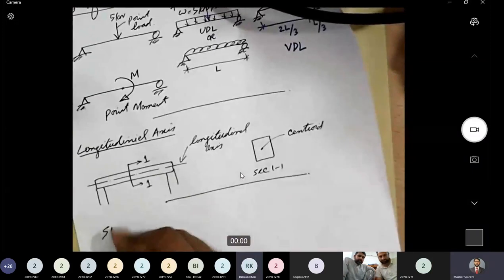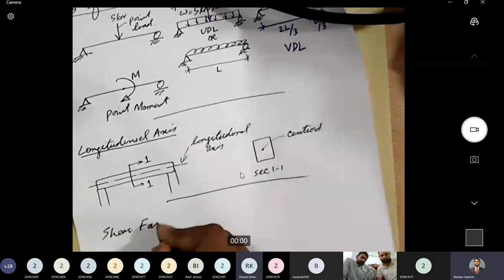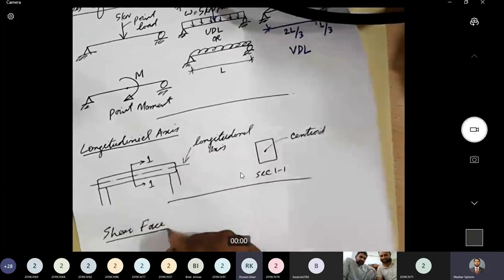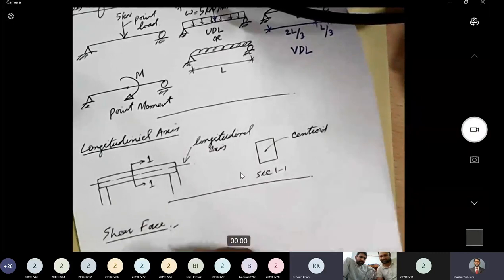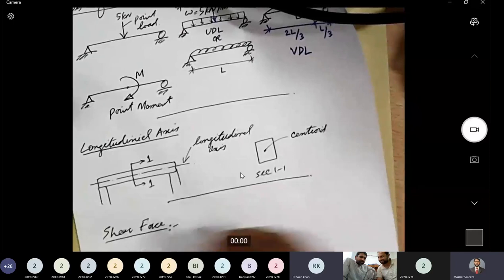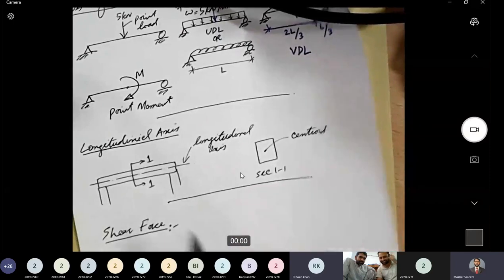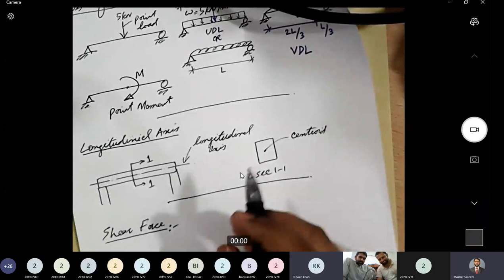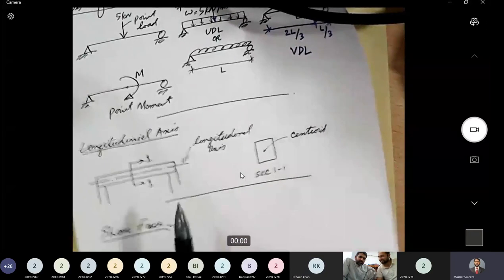Sir, what is the shear force? Sir, can we stop? Why, what happened? Sir, 1 hour 42 minutes continuously we are taking your concepts, sir, now it will be too much. You are taking concepts, it will be too much, but we have like 2 hours for this. Okay, but from next time, we will have a break after an hour.